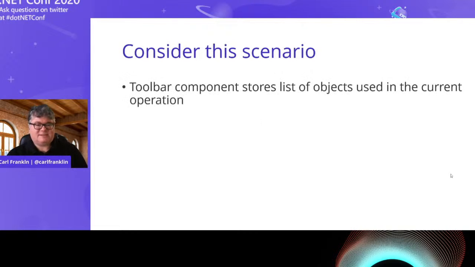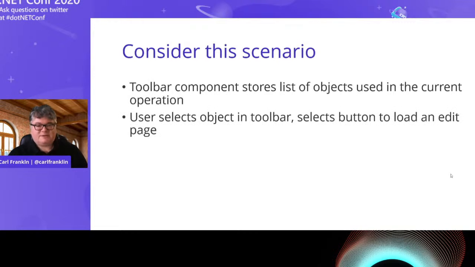So here's the scenario. You have a toolbar component across the top of your page that stores lists of objects that are used in the current page, whatever that page is. The user maybe selects an object in the toolbar with a drop-down perhaps, and then selects a button to load an edit page below the toolbar, which then the user edits.